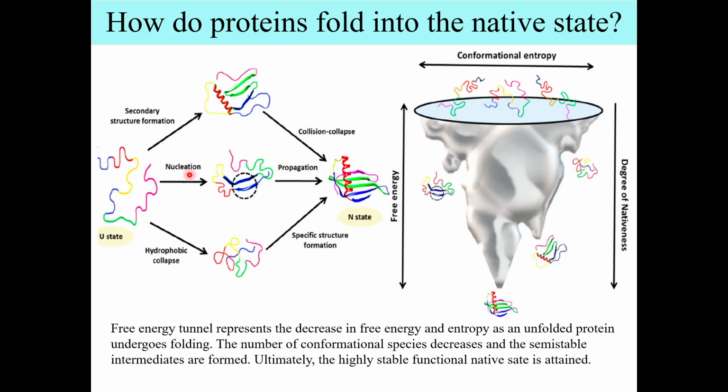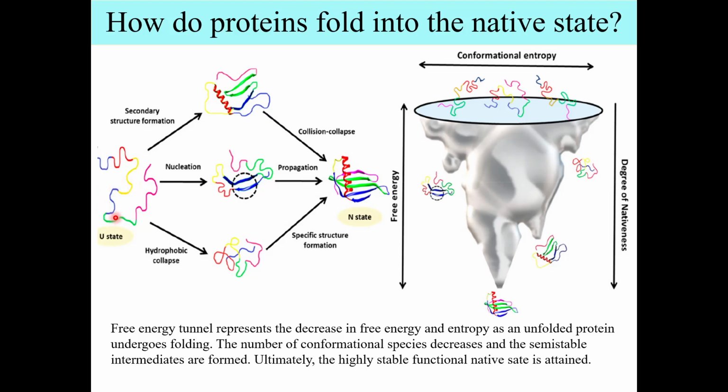So we look at them one by one. The first one is nucleation. What is nucleation? Nucleation means that one tiny region in the protein first undergoes some kind of orderedness. Some kind of secondary structure forms at one small localized region, and then the region next to that folds into some secondary structure.